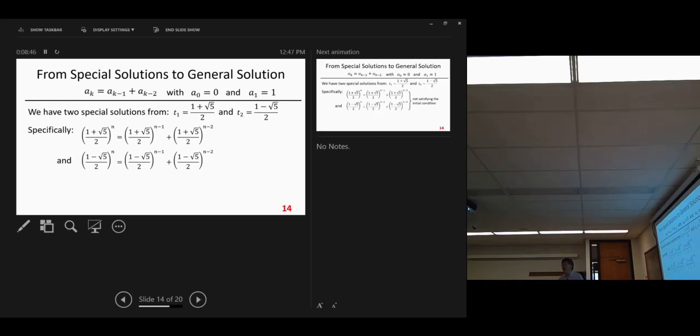Can you form a more general solution from these two special solutions? We use these two special solutions as our building blocks to construct a more general solution. That's an important step.